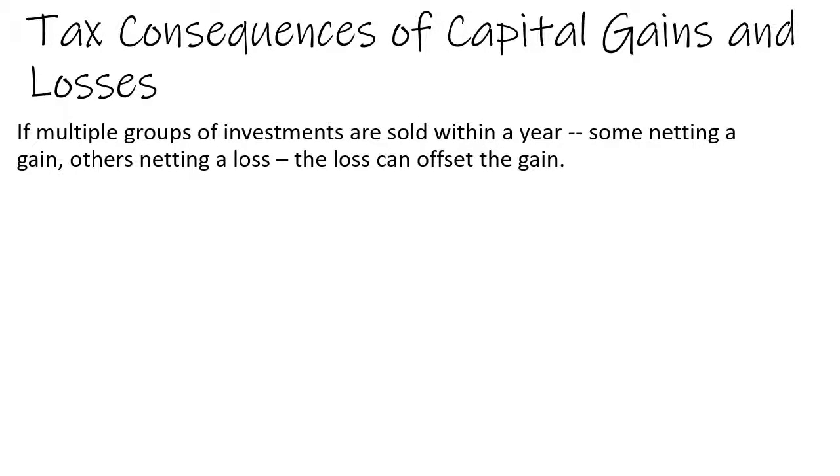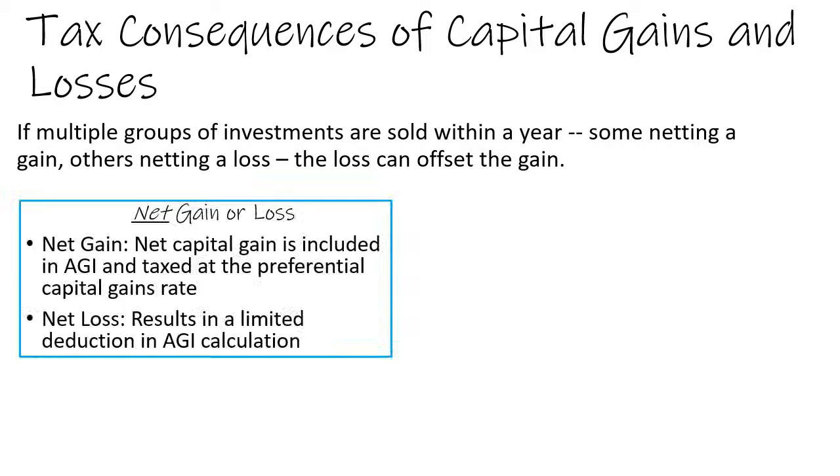We learned in the first part of Chapter 16 that ordinary income comprises ordinary dividends and ordinary interest, whereas a capital gain is generated from the sale of a capital asset. If multiple groups of investments are sold within a year, some netting a gain and others netting a loss, the loss can offset the gain.